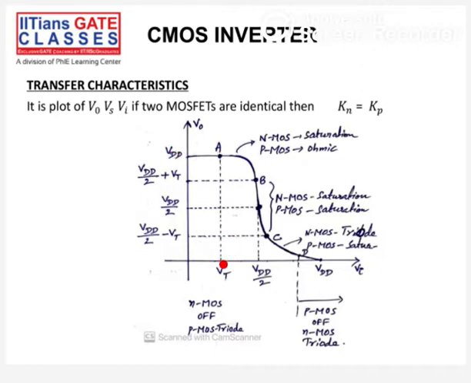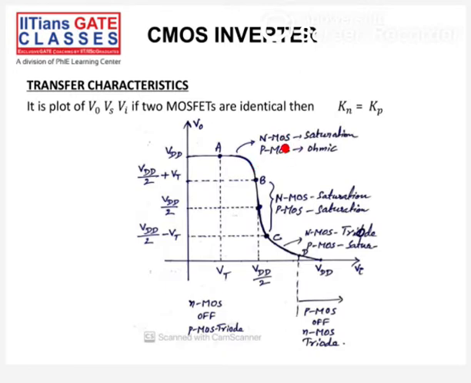So if we are increasing Vi further, then output will get decreased. So in this range, in this bending range, what will happen? Our one transistor will come from saturation region to ohmic region, and our NMOS transistor will move from cutoff region to saturation region directly. So it is happening like this.